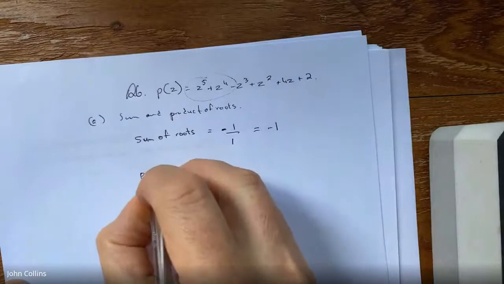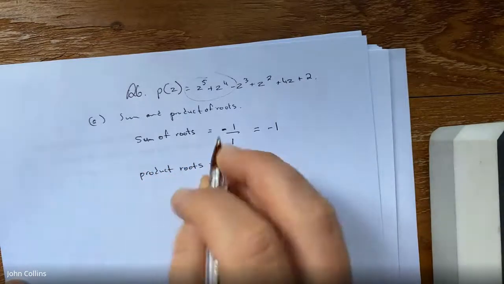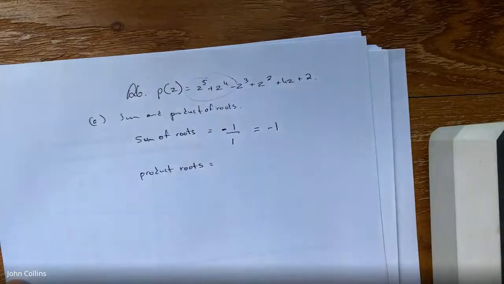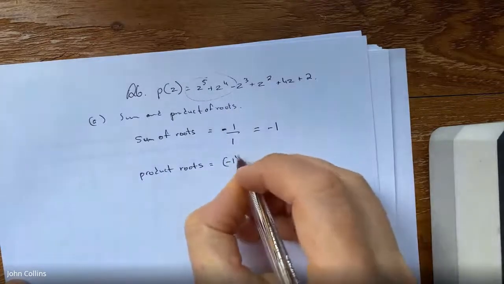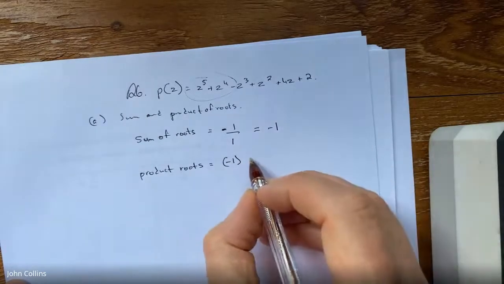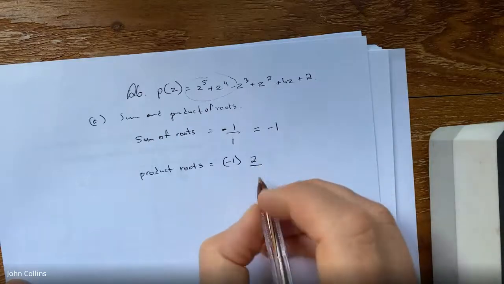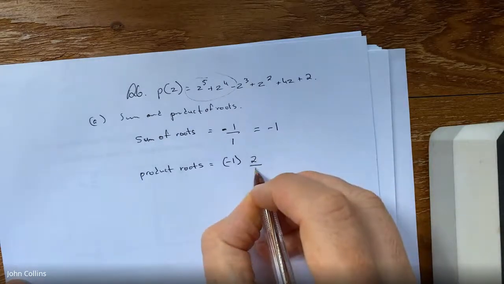The product of the roots then would be using the last term, the constant term here. So it'd be minus 1 to the power of how many we have, and it'll be the last term, 2, divided by the first term, 1.